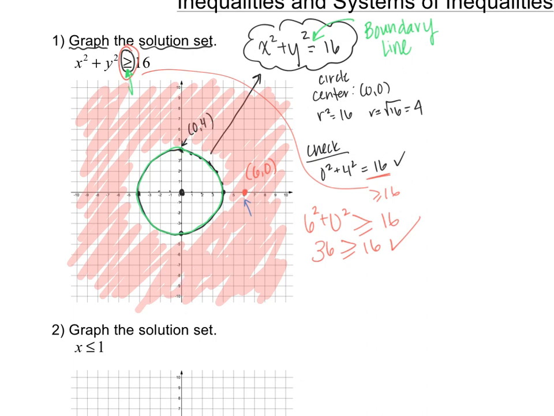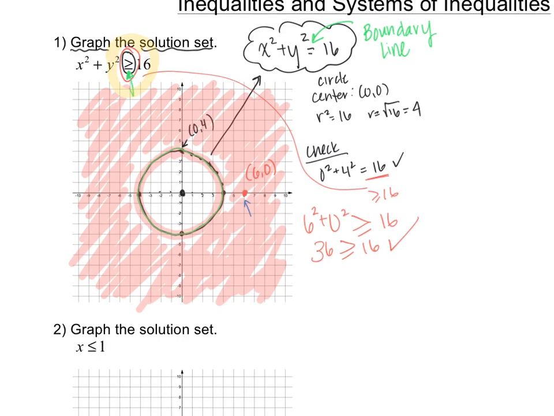Now, if it was the other way around, and our inequality had less than, we would have shaded everything inside the circle. So right now, between my little pink highlight, and I'll even do it here too so we can see that we want to include the boundary, all of those points will satisfy the inequality.